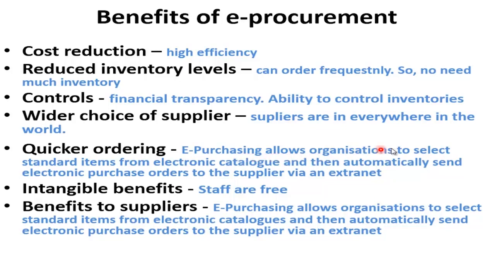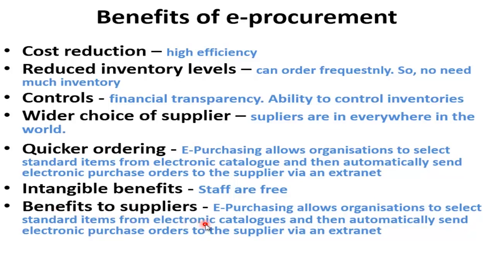E-purchasing allows organizations to select standard items from electronic catalogs. They will be given some catalogs, so using the catalogs you can order the goods. Once it is ordered, it automatically sends an electronic purchase order to the supplier via an intranet or extranet. Then you have to pay and get the product. Intangible benefit: staff are freed, so no need for staff, only one person will be enough.